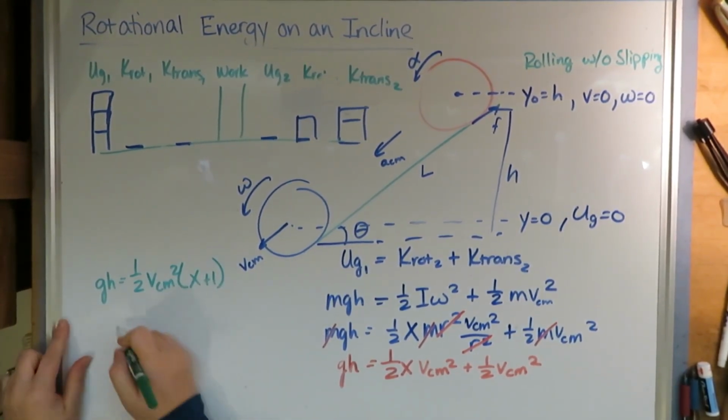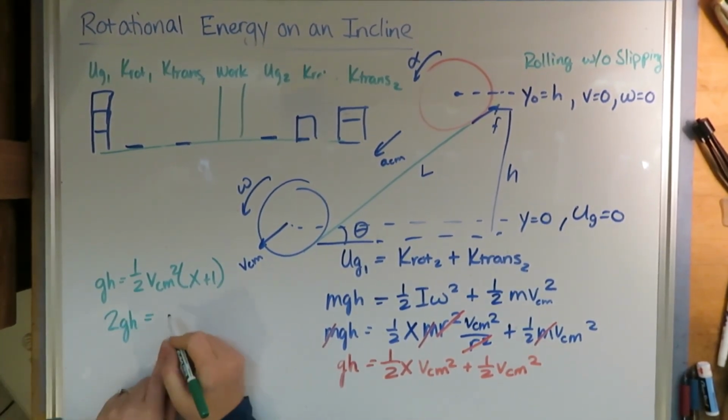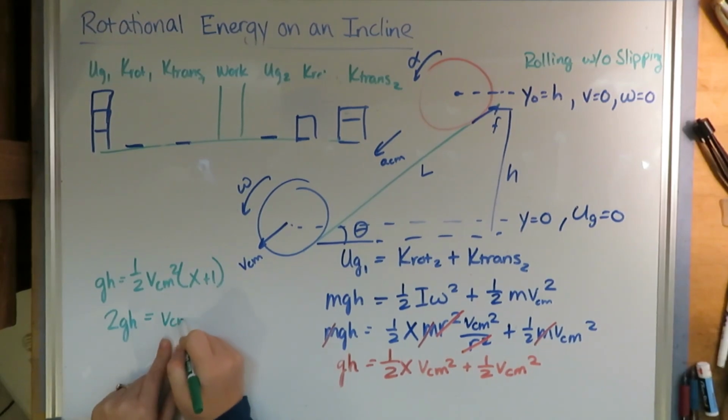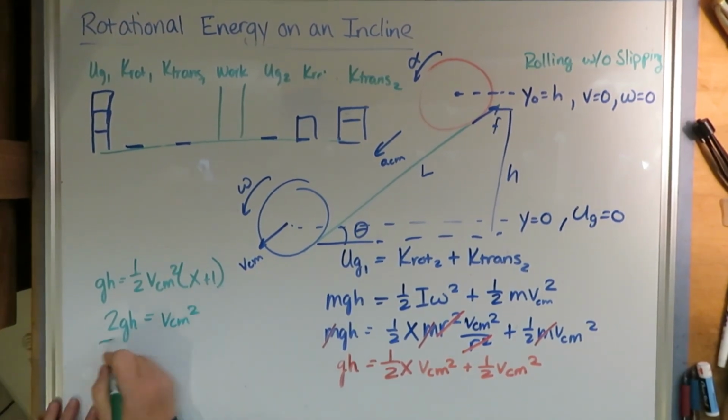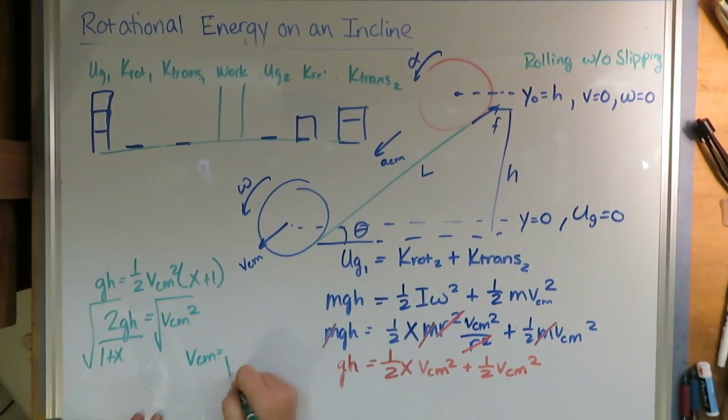And I can multiply by 2. I get 2gh is equal to VCM squared times 1 plus x. Then I can divide by 1 plus x, because I like that better, and then I can take the square root of both sides. So I find that the velocity of my center of mass is going to be the square root of 2gh over 1 plus x.